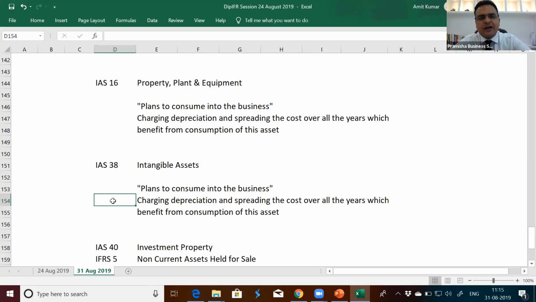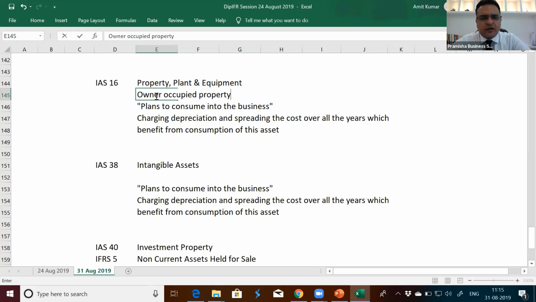So when we plan to consume this asset, this is also known as owner occupied property. Owner, in this case, is the entity. There's always a confusion in the business that we as individuals or persons believe that only a person can be an owner. Here it is a single economic entity concept, and the entity is the owner.